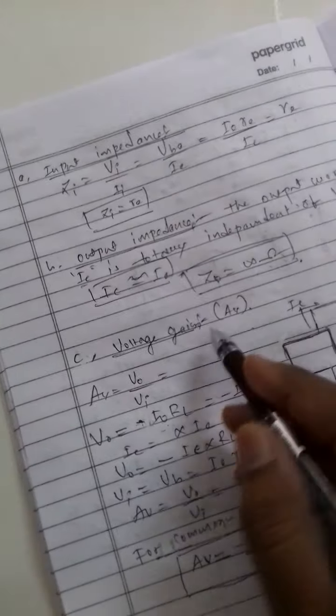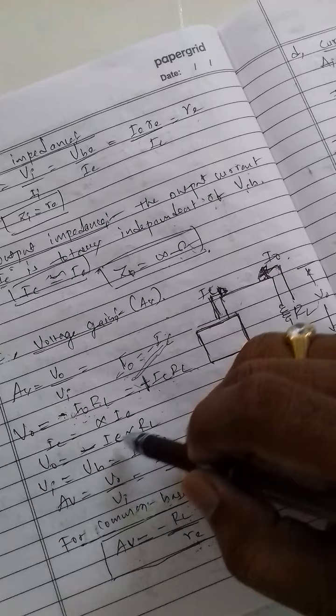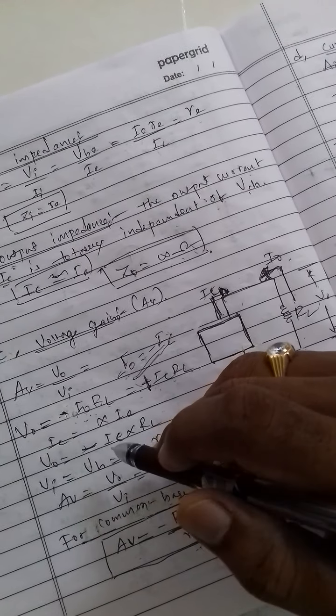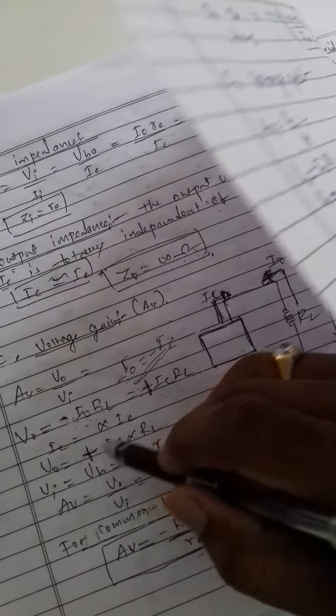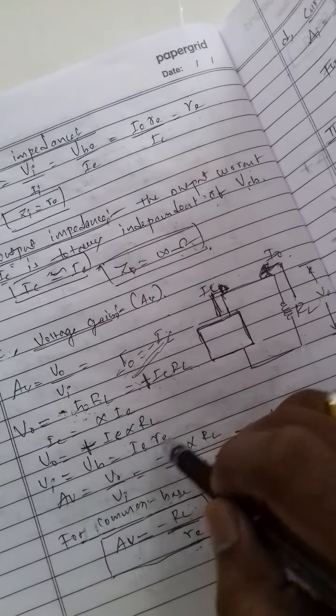Output voltage is equal to minus Io RL. Since the output current Io is equal to minus IC, you shall write this equation as plus IC RL. From that, the output voltage can be written as plus IE alpha RL, and input voltage is equal to IE RE.